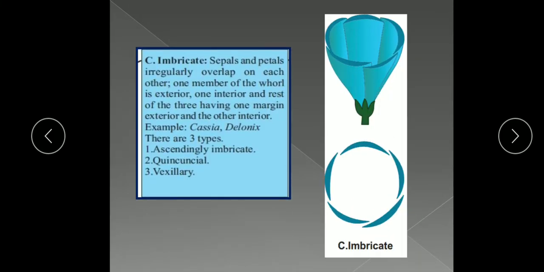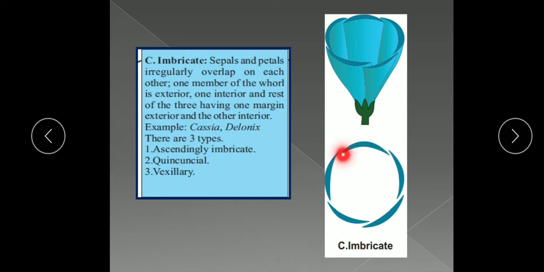Next we will study imbricate. What is imbricate? In imbricate, sepals and petals irregularly overlap on each other. There is as such no rule to overlap each other, so irregular overlapping is seen in the sepals and petals. One member of the whorl is exterior, meaning outside, one is interior, and the rest of the three have one margin exterior and the other interior. You just see here that one member of the whorl is exterior, then one is interior.